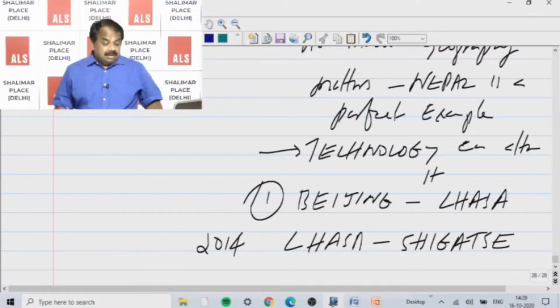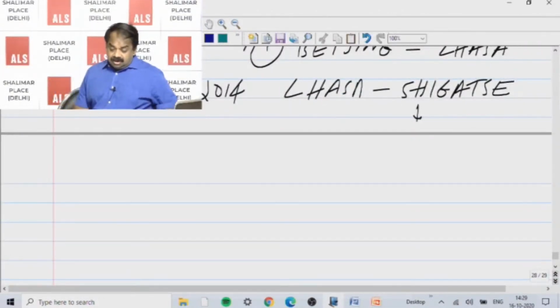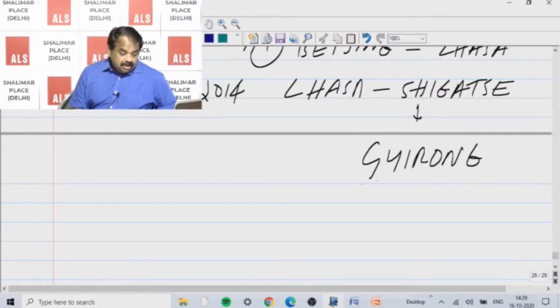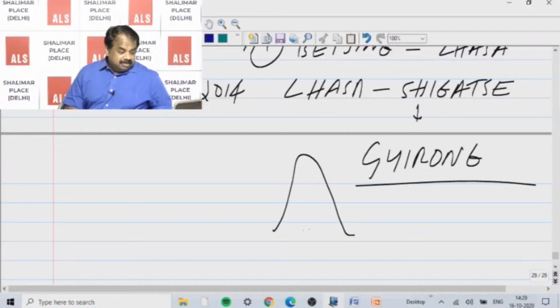Now, China has already promised Nepal that they will extend this from Shigatse to a place called Kyirong. Kyirong is just on the other side of the Great Himalayas, in the valley. It will be something like this: if the south of this is Nepal and this is Tibet, now Kyirong is here.